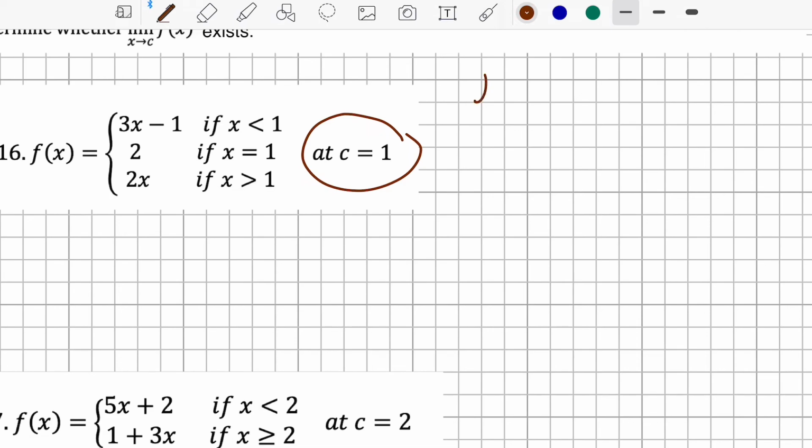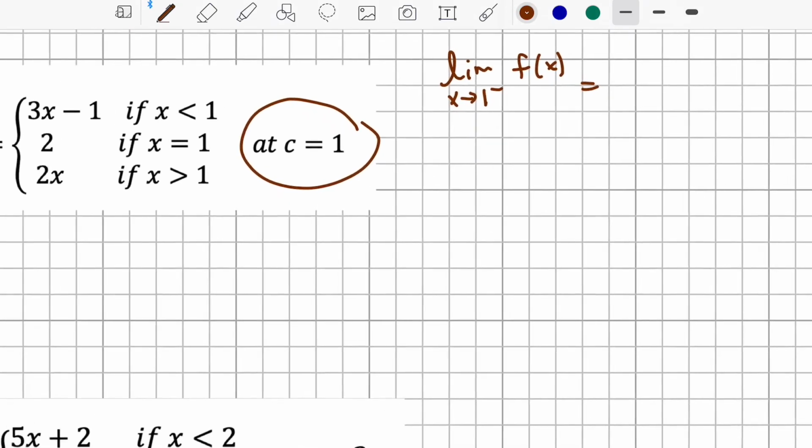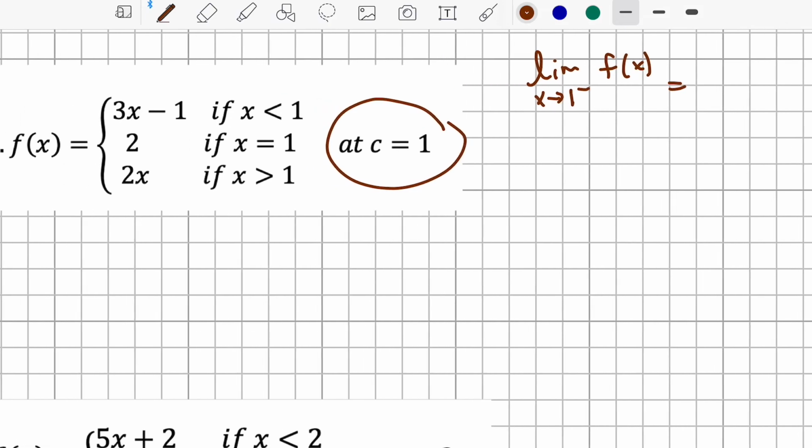So we're going to start off by saying limit as x approaches 1 from the left of f of x equals. So now we have three choices. This f of x is made up of 1, 2, 3 functions. Now from the left, this is what it means. Think of the number line, and let's go to 1 there.